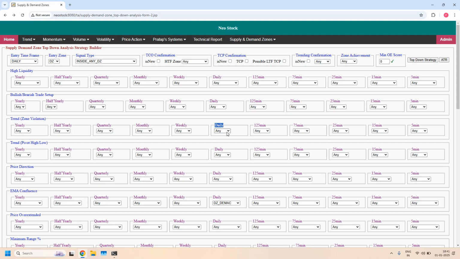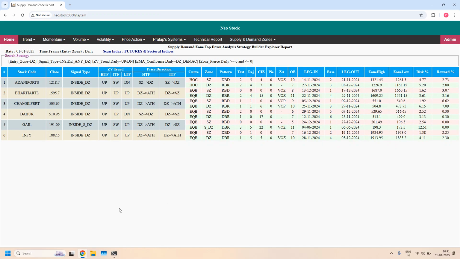Daily trend can be either uptrend or downtrend, because sideways trend EMA does not make any sense. Okay, let's filter the stocks. We got 6 stocks. Currently price closed in these 6 daily demand zones, and these daily demand zones are having daily EMA confluence. Okay, this is about price closed inside the daily demand zones.